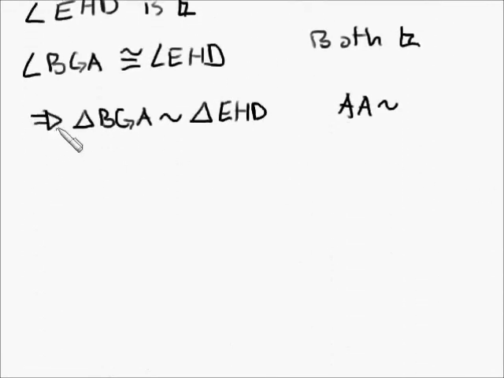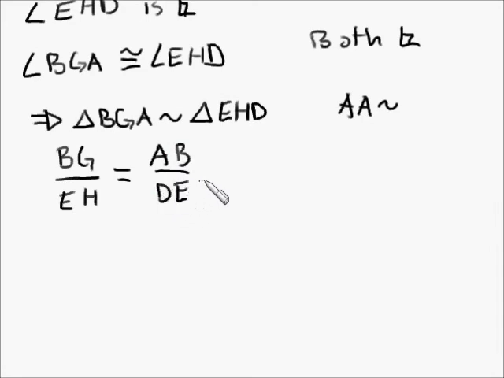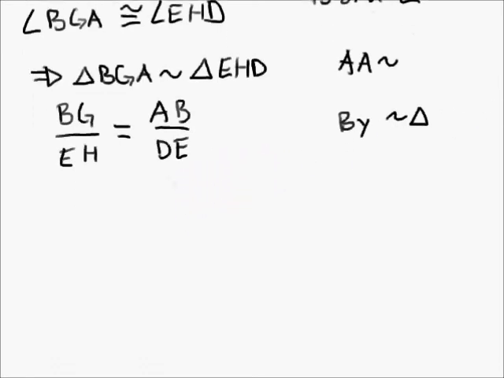So BG divided by EH, that ratio is equal to the ratio between AB and DE, and this is by similar triangles. Next, remember how we were given that triangle ABC and triangle DEF were similar?